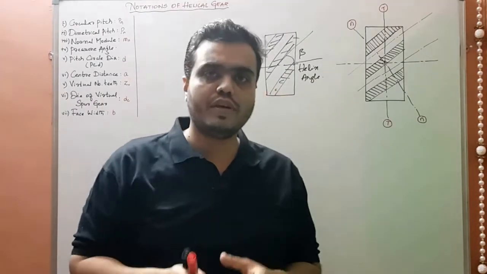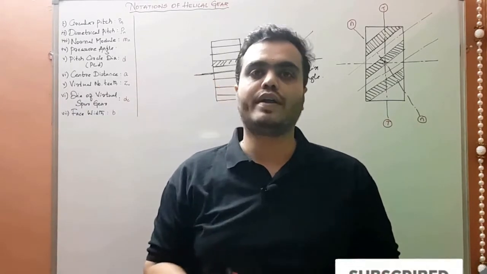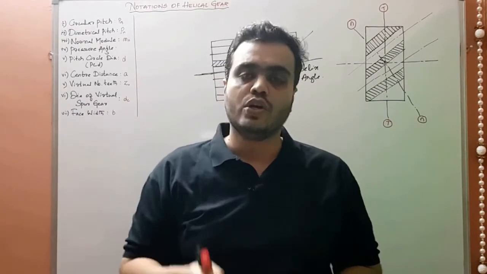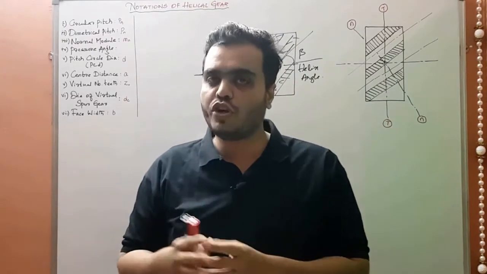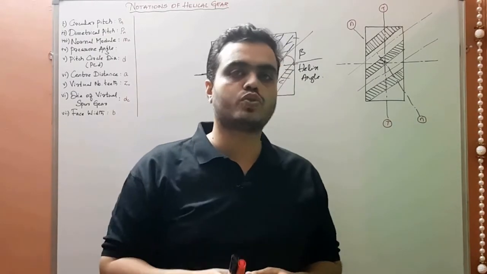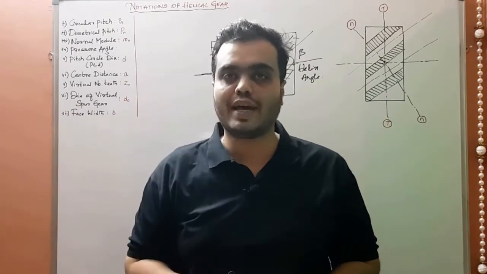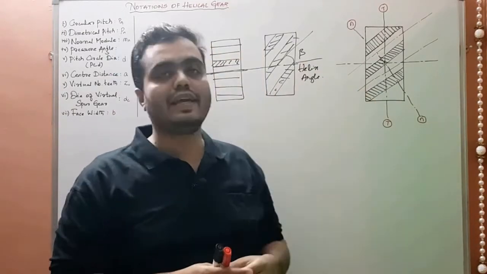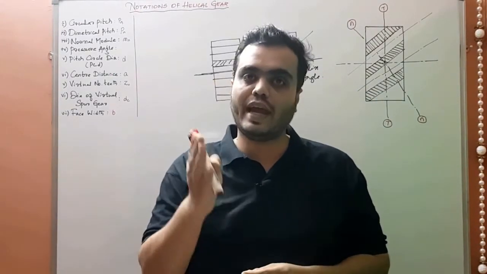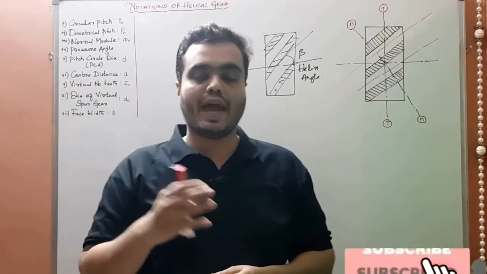Next we will see what the major notations are that we need to solve design problems of helical gear. One thing you should keep in mind: the same notations we used in spur gear are what we are going to use to solve design of helical gear problems. The only thing is we need to consider this helix angle, because we have the angle of inclination of the teeth with respect to the axis of the shaft.